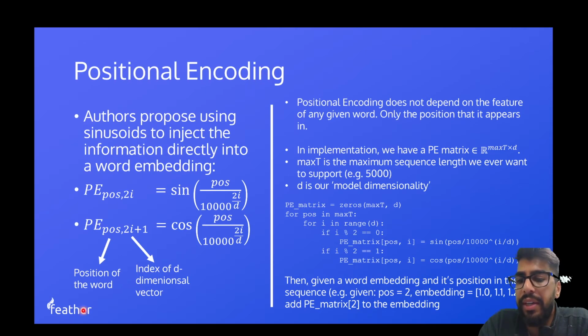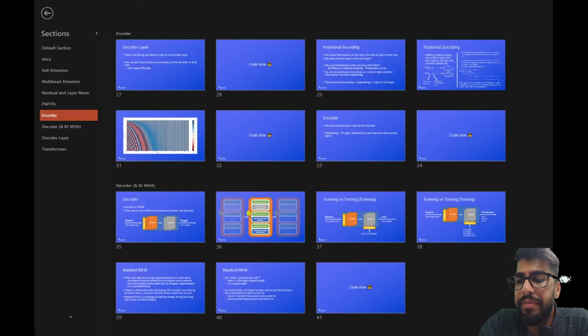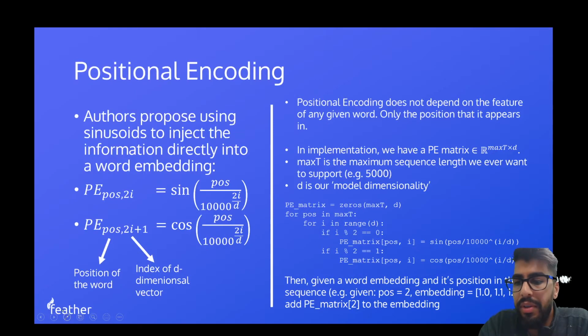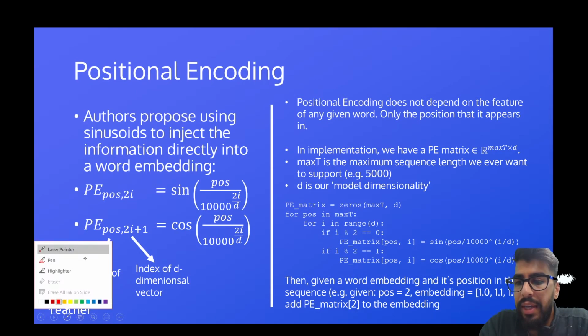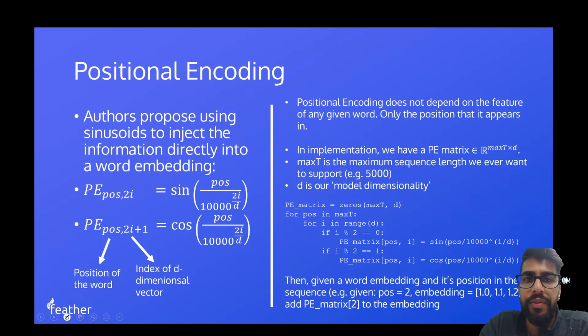Okay, so if I had some vector here, and let's say this is 4 dimensions, 1, 2, 3, 4, i refers to one of these dimensions. So 2i is basically saying all the even dimensions, and 2i plus 1 refers to all the odd dimensions.